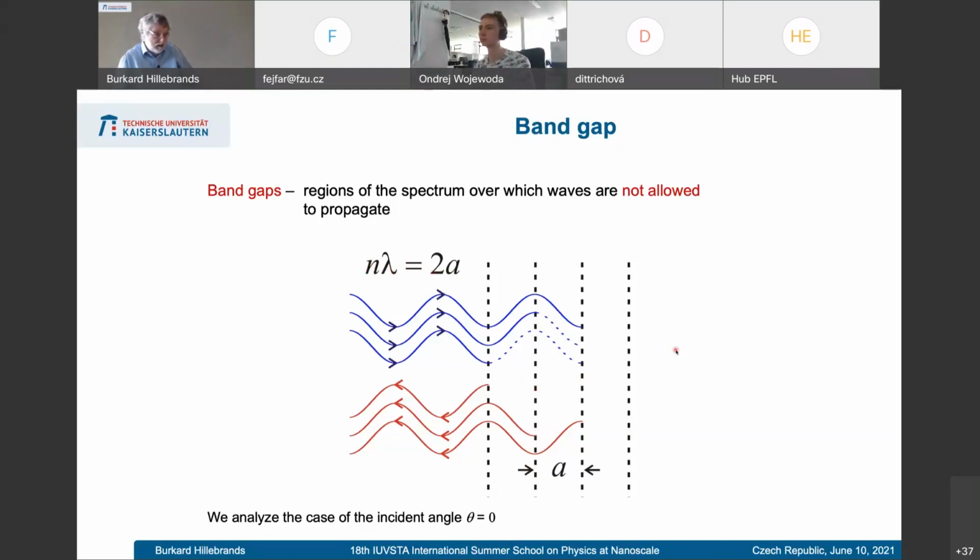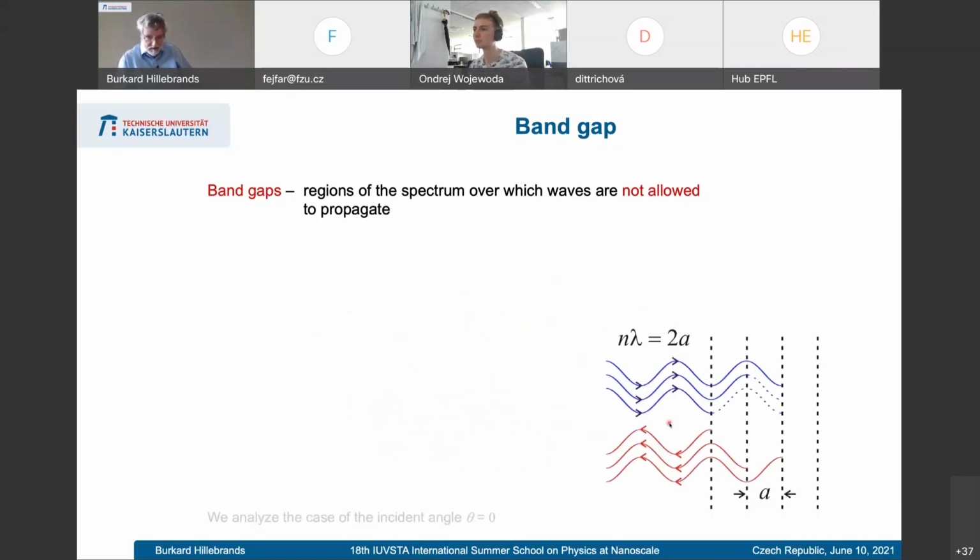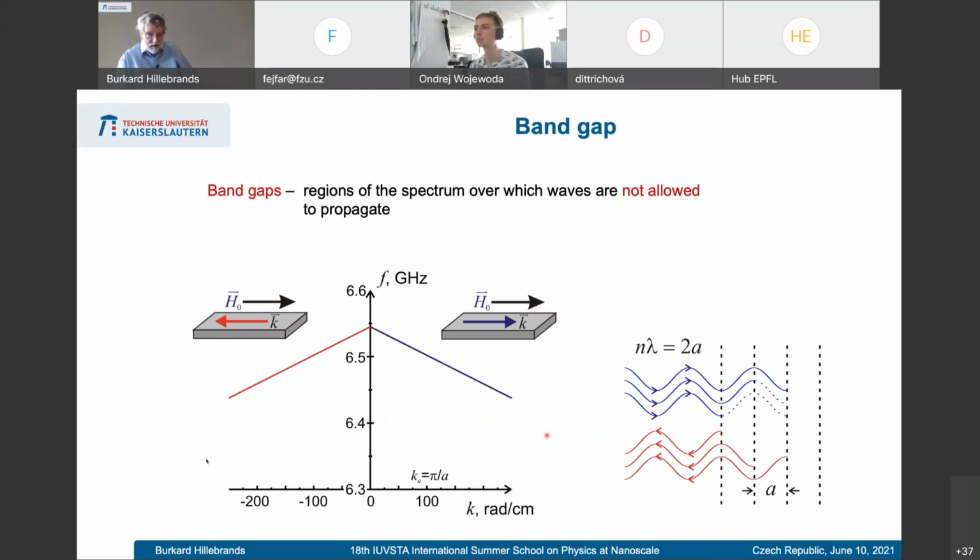And that is just the condition for a Fabry-Perot, if you are familiar with optics. And if that happens, then all the incoming magnons are scattered, or in other words, the magnonic crystal becomes intransparent.